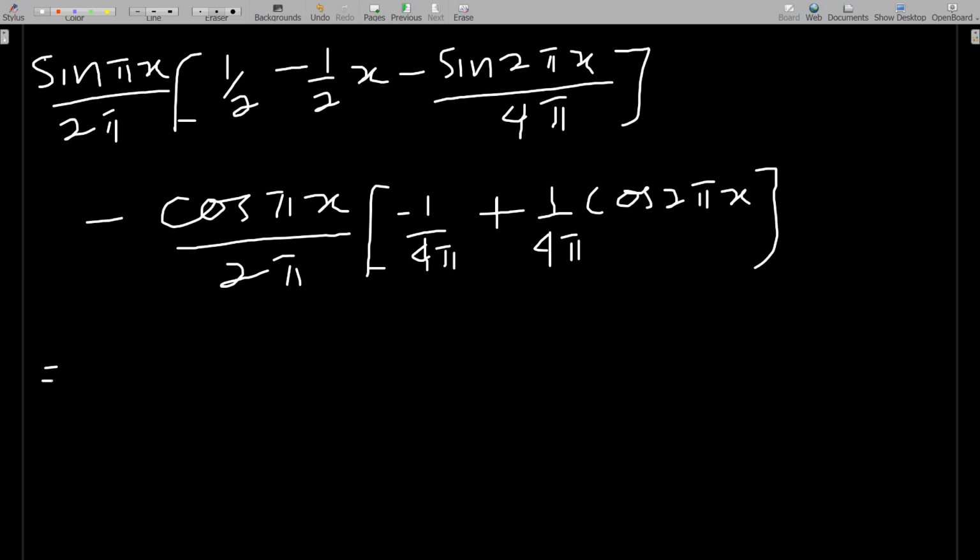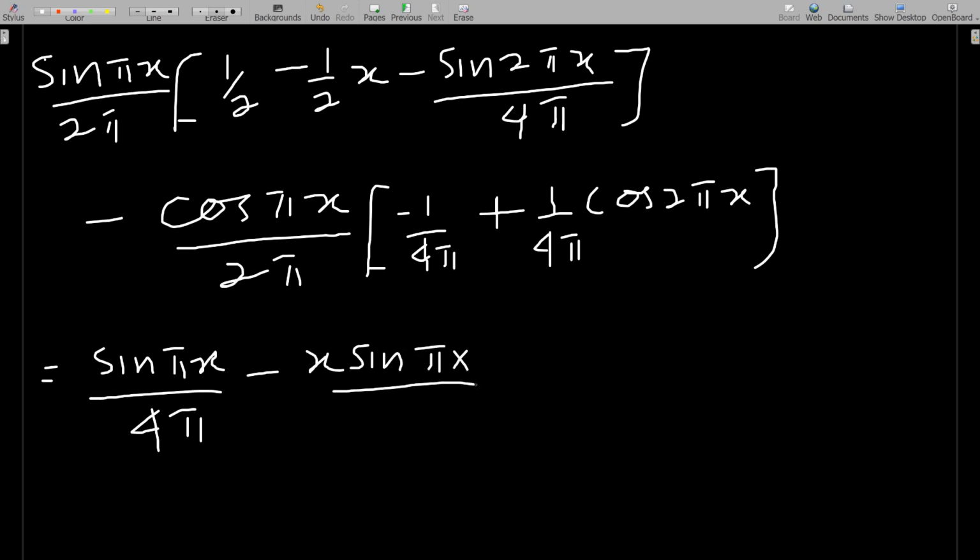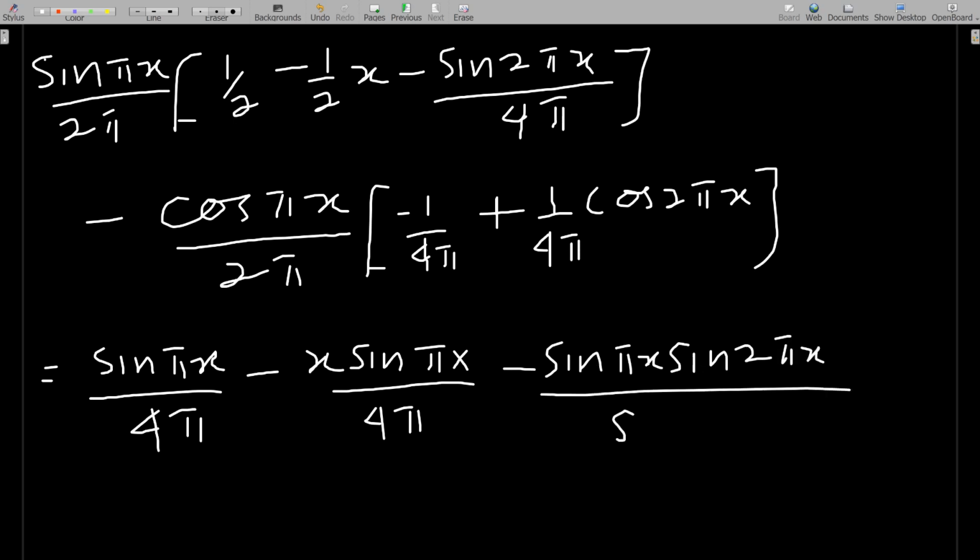So you go ahead and do your simplifications. You multiply through by whatever you have. So I have sine of pi x over 4 pi minus x sine of pi x over 4 pi. I think this is all you have. The rest will give you 0, but let's go through it and know why it is 0. Then minus sine of pi x sine of 2 pi x all over 8 pi squared.